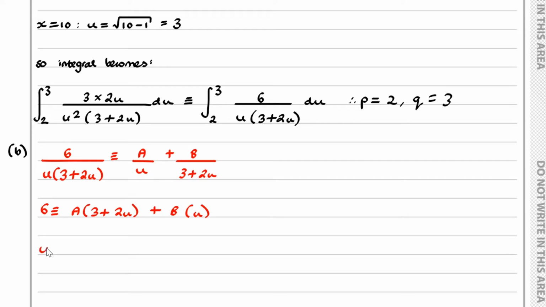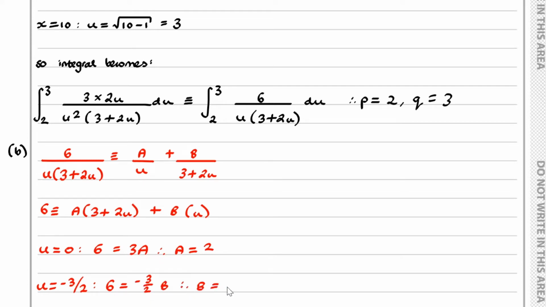So if we let u equal 0, on the left hand side we have 6, and on the other side the b bracket disappears, so here we have a lots of 3. A is equal to 2. When u is equal to minus 3 over 2, we have 6, which is equal to minus 3 over 2 b.